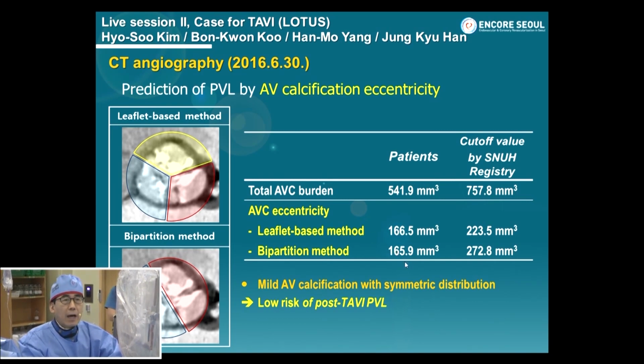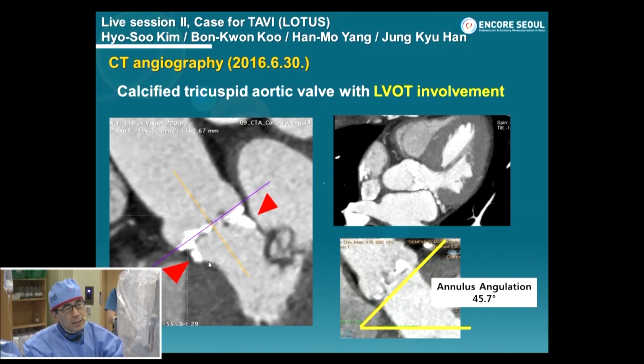All values are below the cutoff value, suggesting this patient has a very low risk of post-TAVI leakage. Plus, but the problem in this patient is a substantial amount of calcification at LVOT. That is a really important risk factor for leakage and tear after TAVI. Plus.